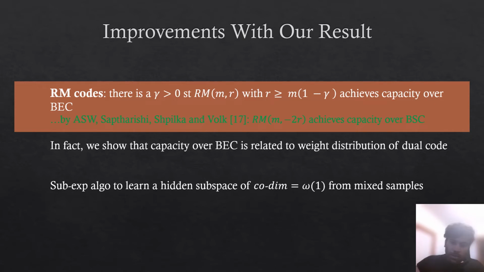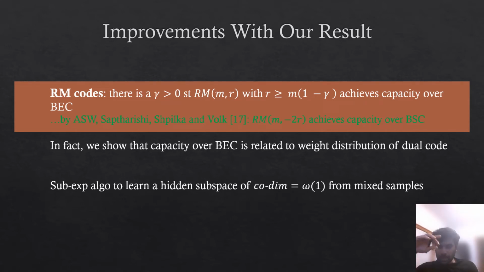So sorry, that should have been an m comma m minus 2r, but it's okay. And in fact, the proof framework that I will present to you can be used to show that there is a way to relate capacity over BEC with the weight distribution of the dual code. So in this case, the dual of the high rate code would be a low rate code, and that's what we actually analyze.